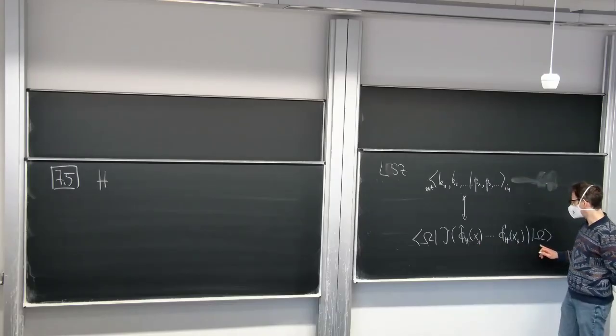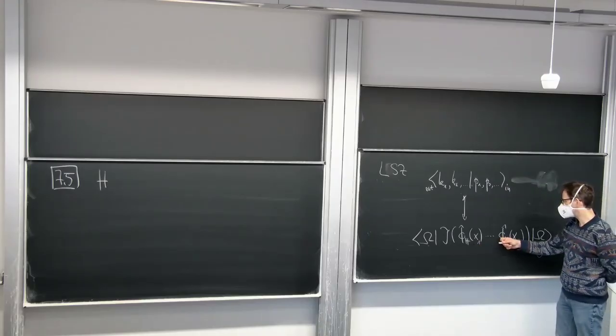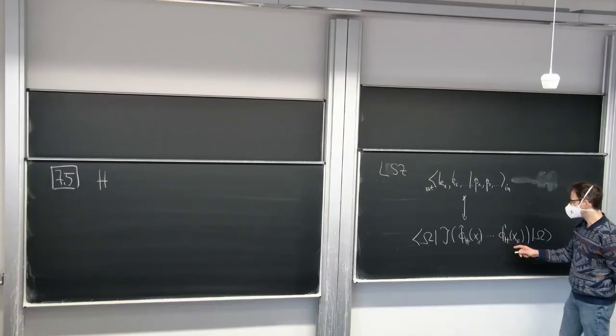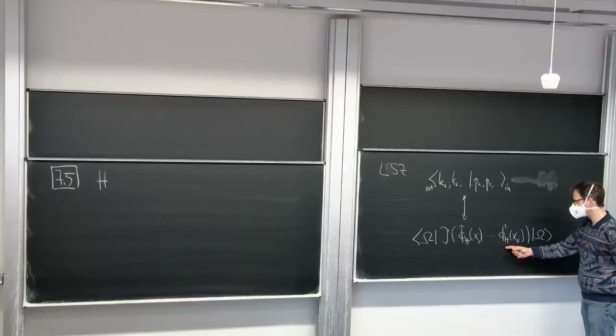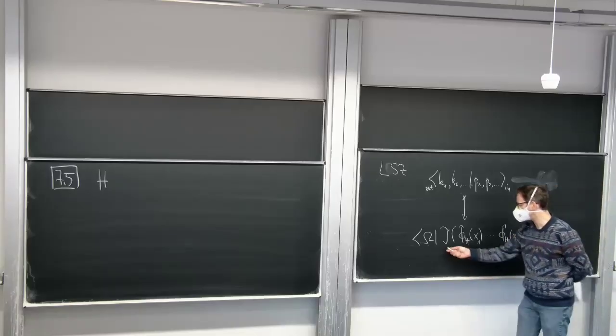So the vacuum was called the 0, and the field phi is just the free field evolving with the normal free Hamiltonian, and the creation and annihilation operators were time independent. Everything was kind of simple, except for this time ordering.